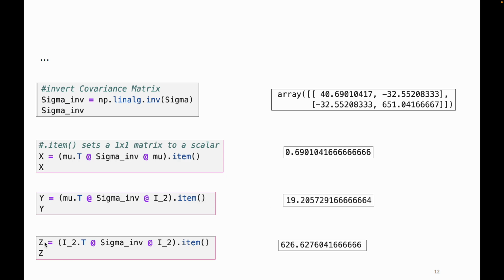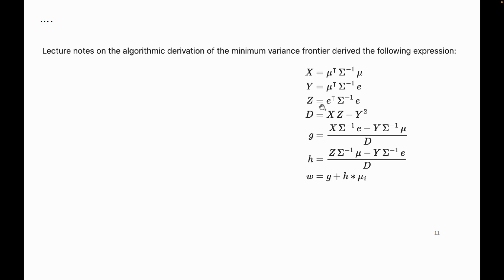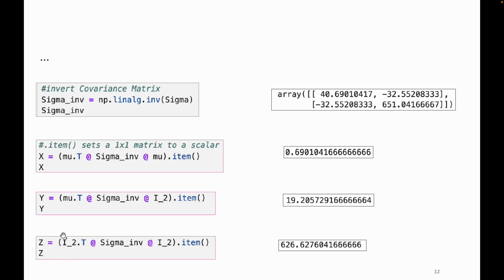And similarly for the z. The z is e transpose sigma inverse e. So here's what I'm doing: I2 transpose times sigma inverse times I2, and then I take the dot item to really force it to be a scalar. So the z is just taken from my code. If I put z here, I get the output, in case you wondered.